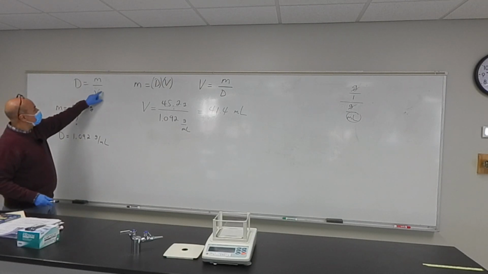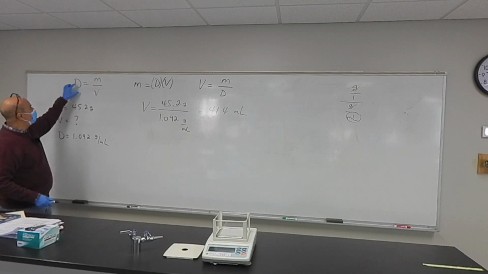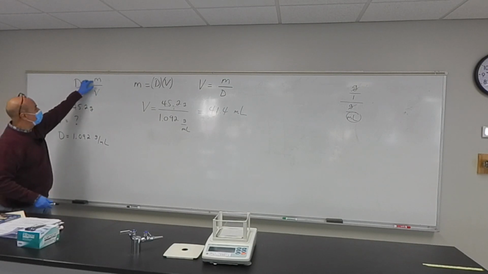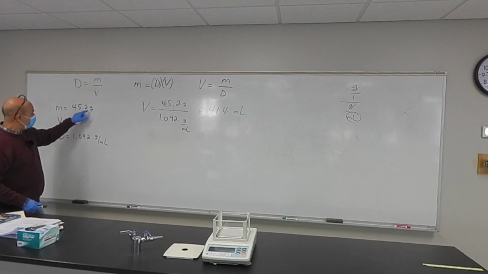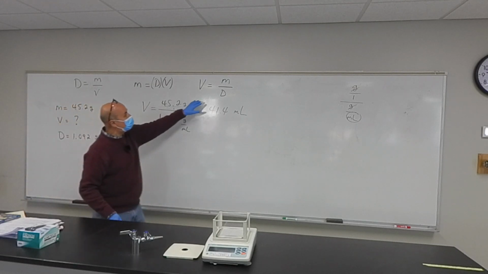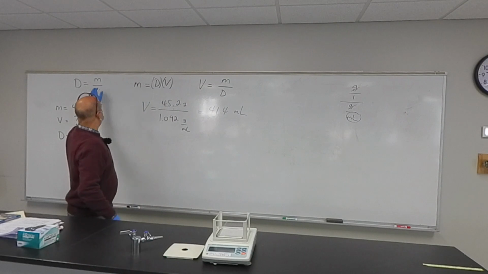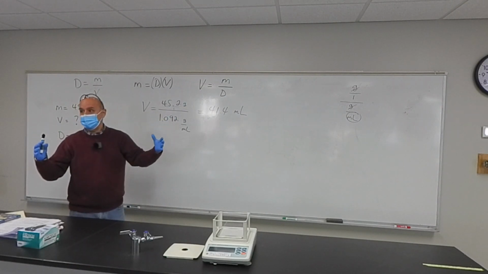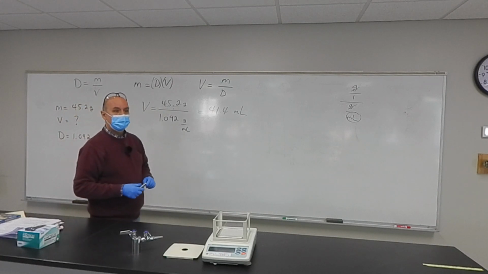In most of the problems that we have done up to this point, we had the mass and we had the volume and we needed to find the density. So we had 2 out of the 3. In this last example, we have 2 out of the 3, but the one that we're missing is the volume, so we needed a different formula, which is still related to this one. They are all the same, rearranged in arithmetic. Okay?